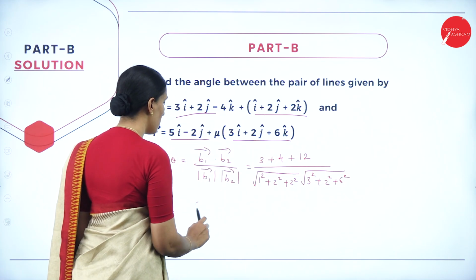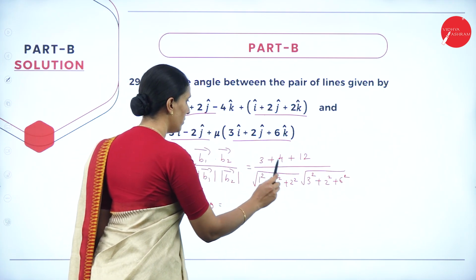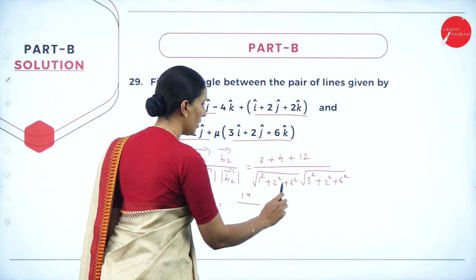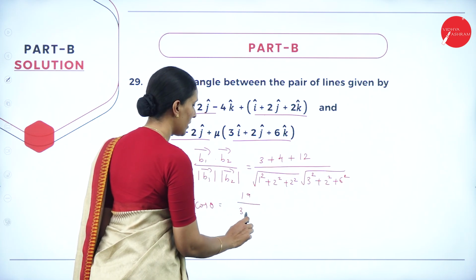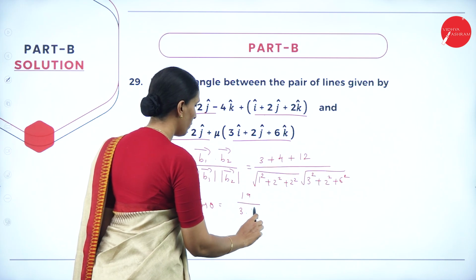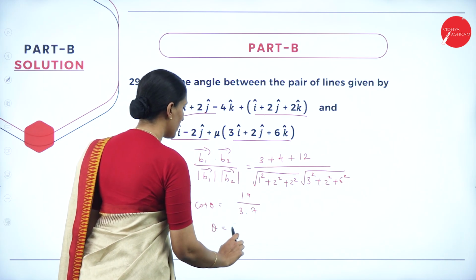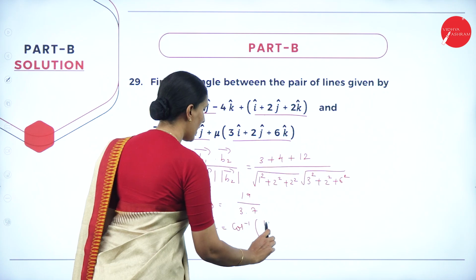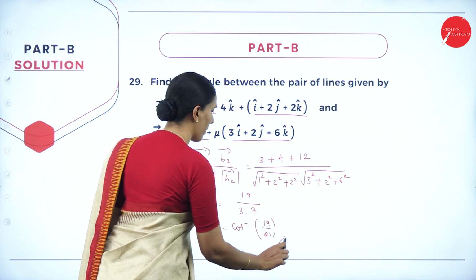So here we have cos theta is equal to 19 divided by root 9, which is 3, root 49, which is 7. So theta can be written as cos inverse of 19 divided by 21.